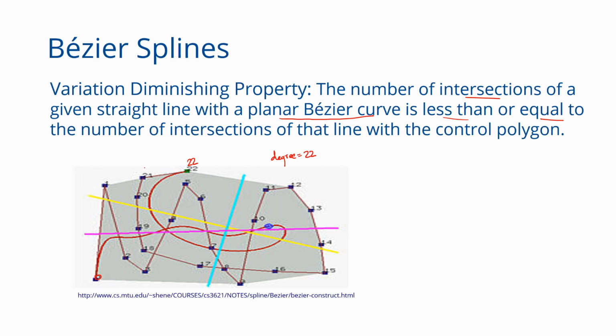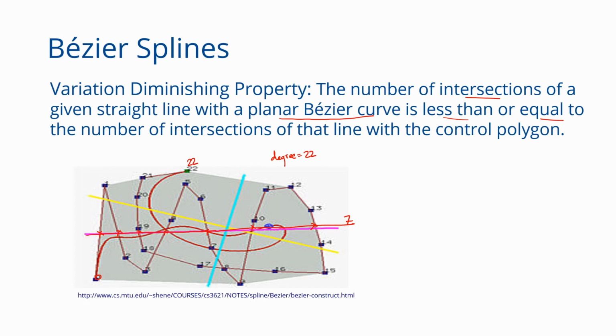Now this is saying that if I take any arbitrary straight line, so this is a straight line, then consider the number of times that this straight line intersects the control polygon. Say it has intersected the control polygon 1, 2, 3, 4, 5, 6, 7 times. Then it cannot intersect the Bezier curve more than 7 times.